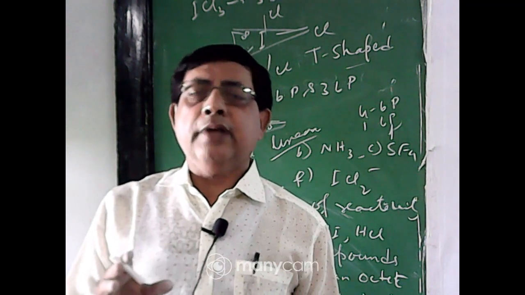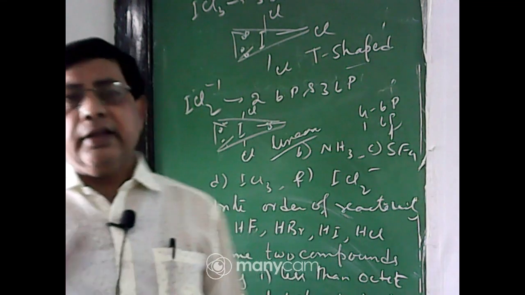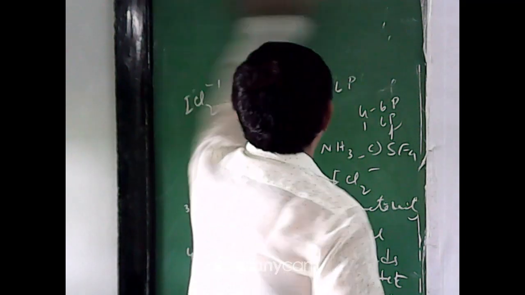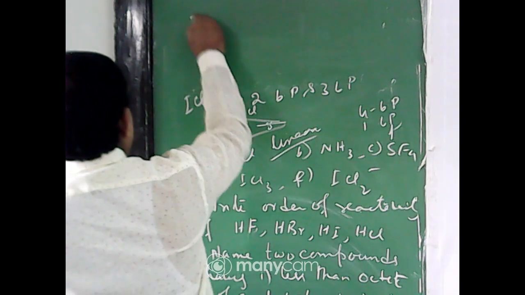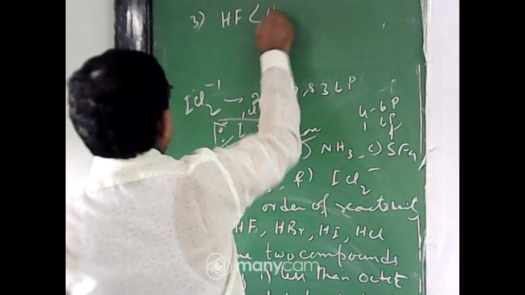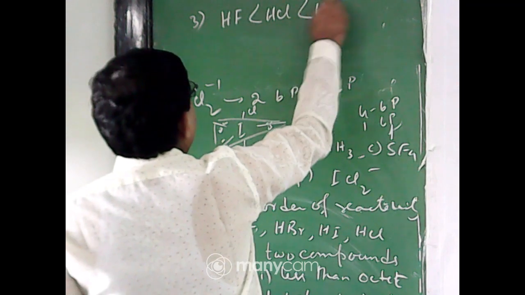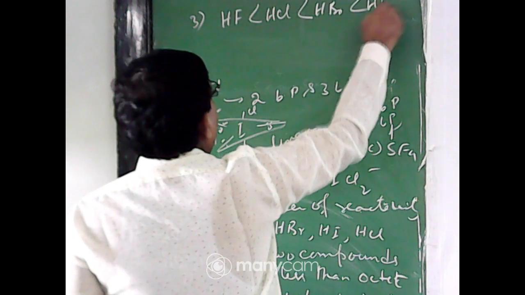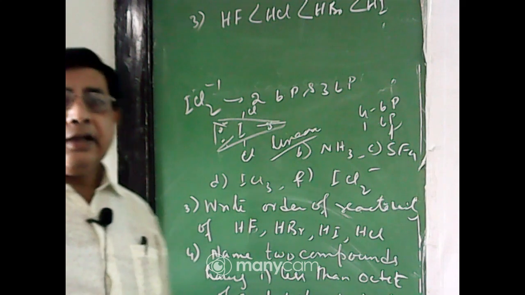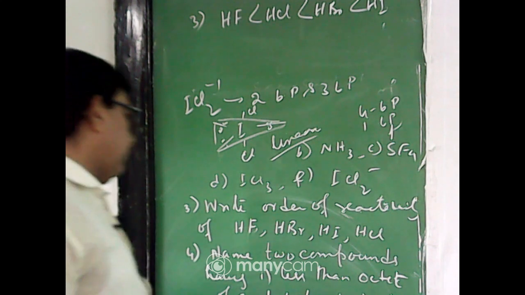So the order of reactivity of halogen acids increases down the group. So question number 3: least reactive HF, then HCl, then HBr, then HI. Reactivity increases down the group due to decrease in bond strength.